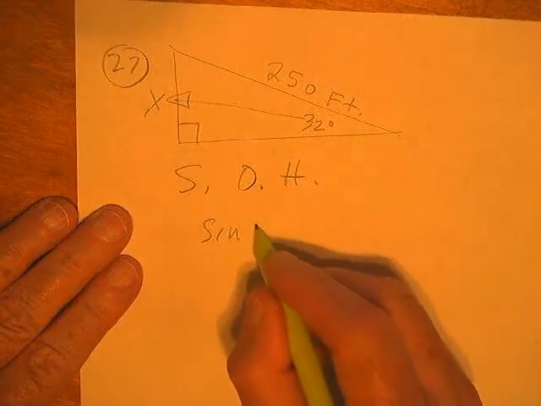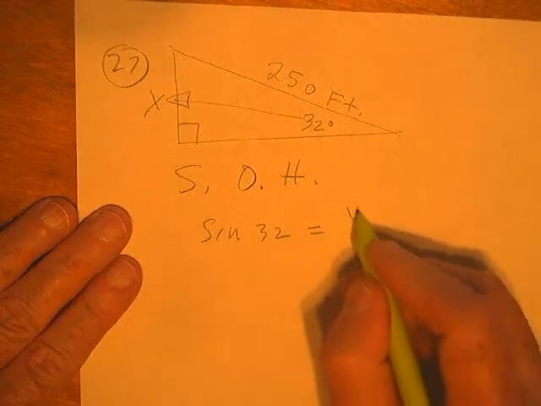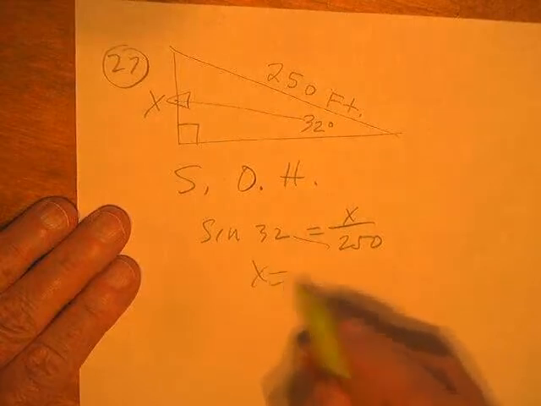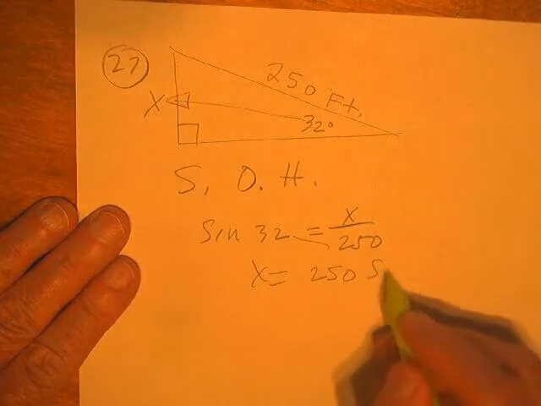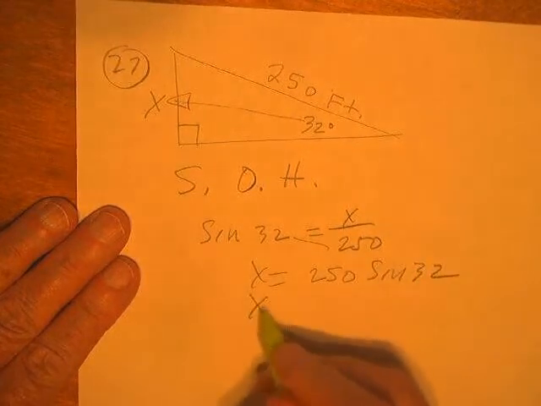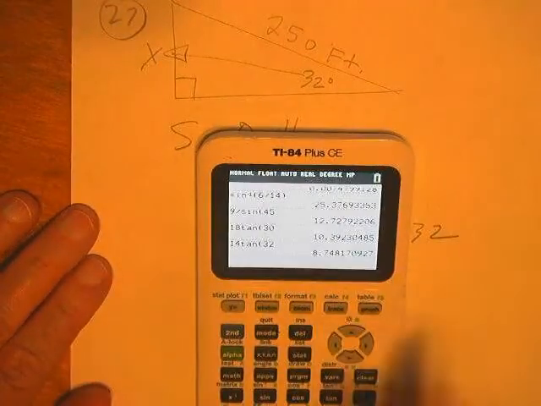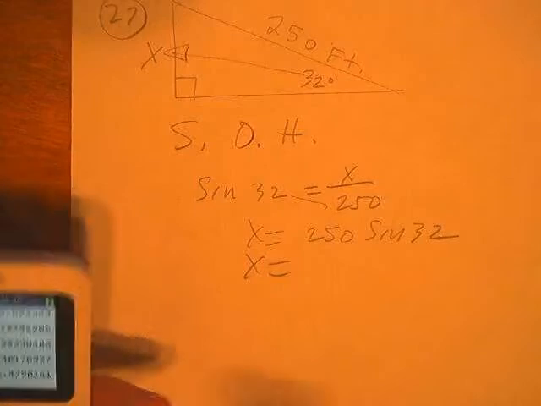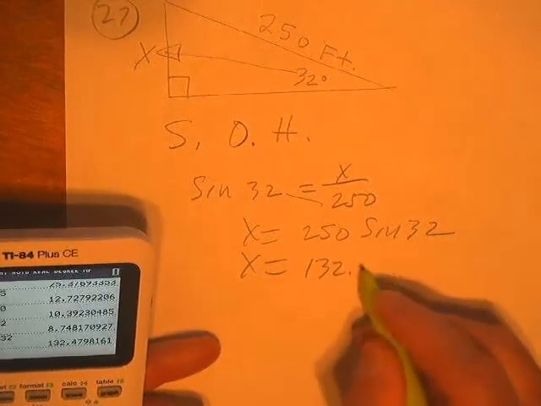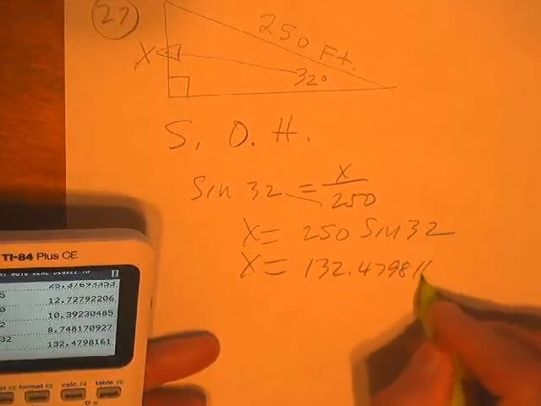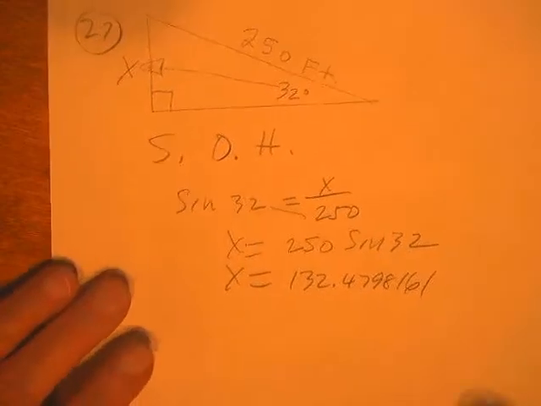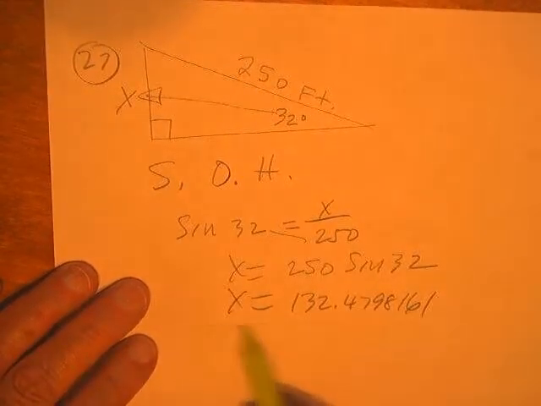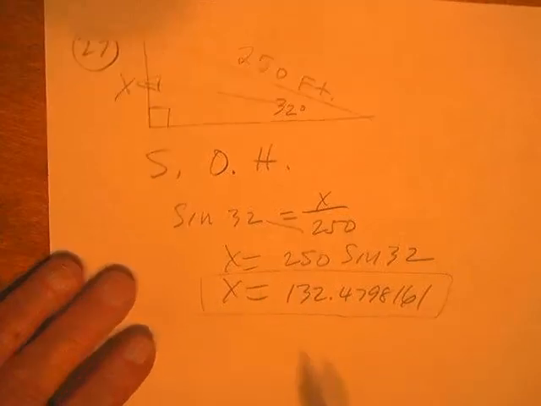So this is going to be sine of 32 is x over 250. Cross multiply. X is 250 sine 32. X is, let's calculate, 132.4798 161. So considering that this was 250, this answer seems reasonable to me.